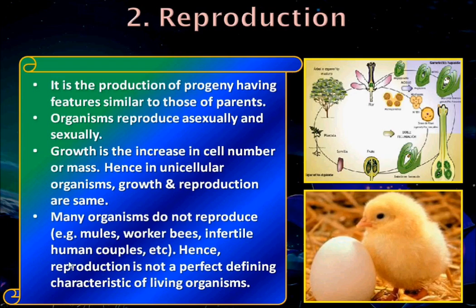And hence reproduction is not perfect for defining living organisms. So all the organisms which show all these characteristics like growth, reproduction, metabolism and consciousness, they will be classified under living organisms.